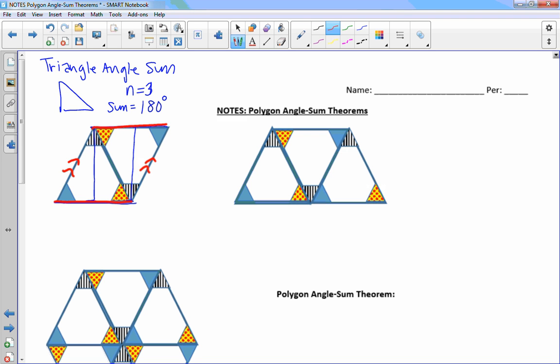Okay. Now we're trying to discover the angle sum. Remember, one triangle sums to 180 degrees. How many different angles are in a triangle? 3. So we can make a grouping. Here's our solid angle, our striped angle, and a polka dot angle. That represents one triangle's worth of angles, right?